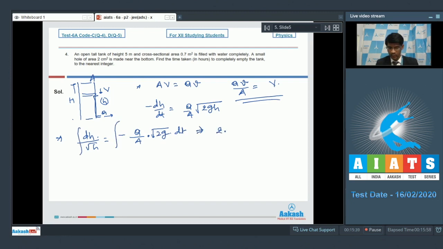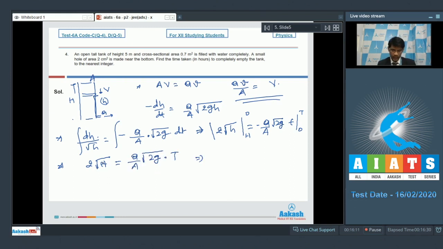So it is 2 root h would be a/A root 2g into t. With negative sign, at 0 it was capital H, at t it becomes 0. So we'll be getting 2 root H here.